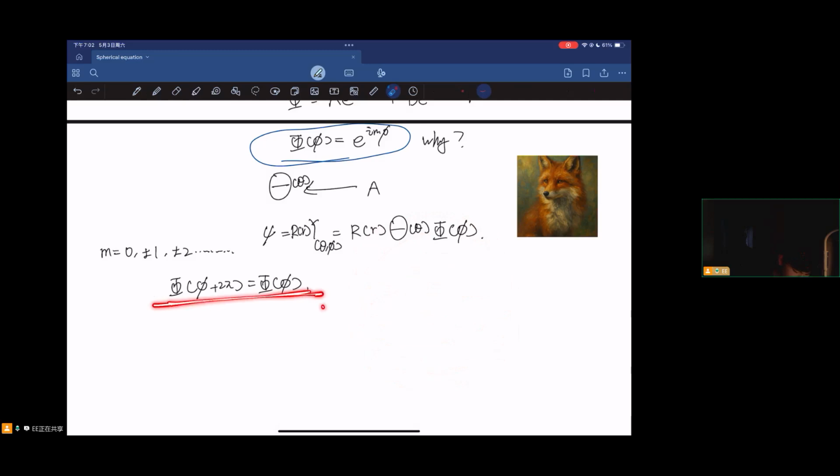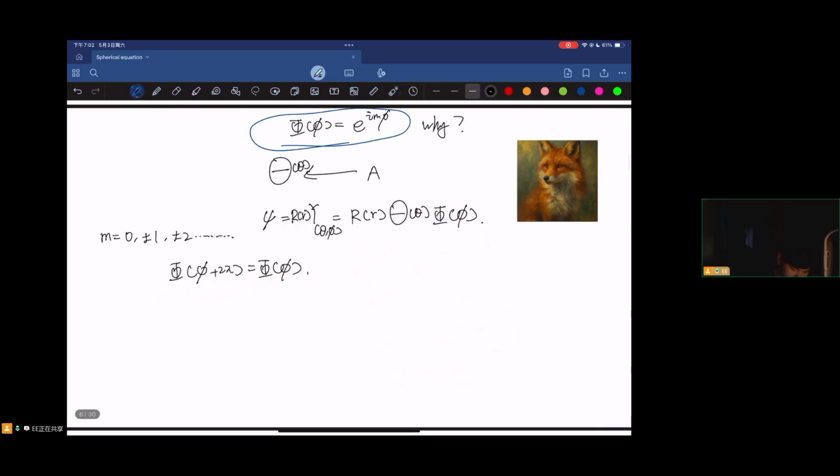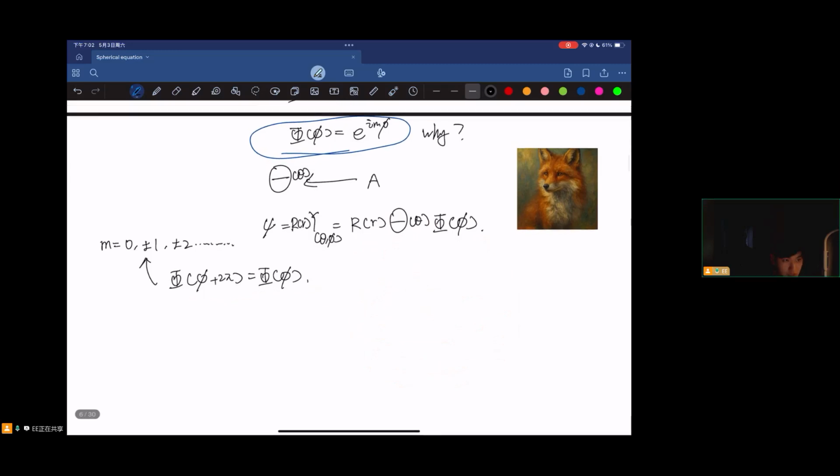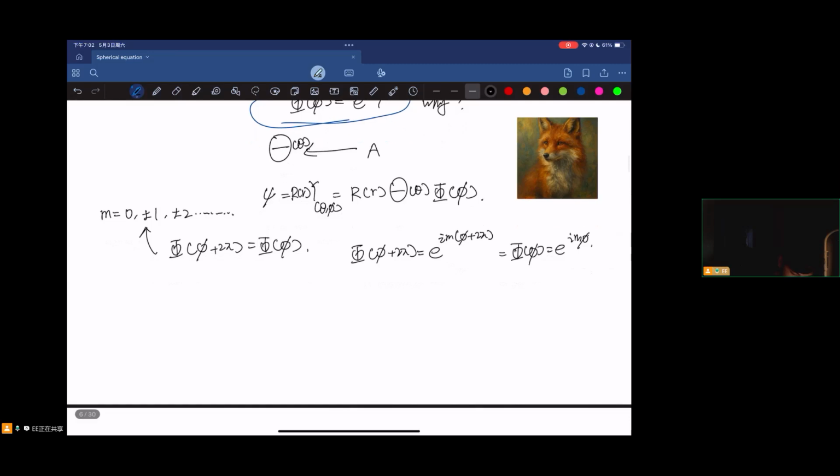So by using this property, we can get that m is an integer. Okay, if you don't believe it, let's plug it in. Here for phi, I have phi plus 2 pi, and it's also equal to itself. For exponential functions, we have a plus here, I can write it this way.